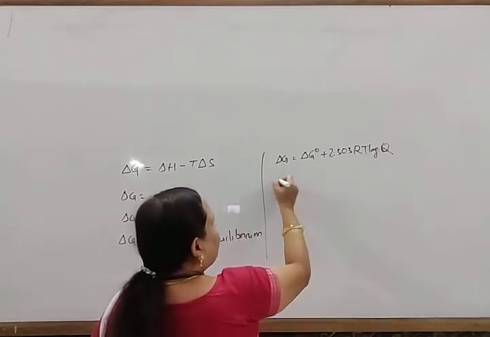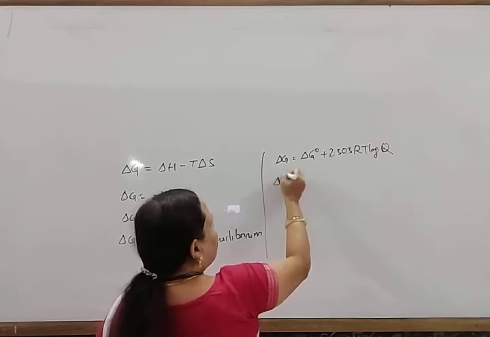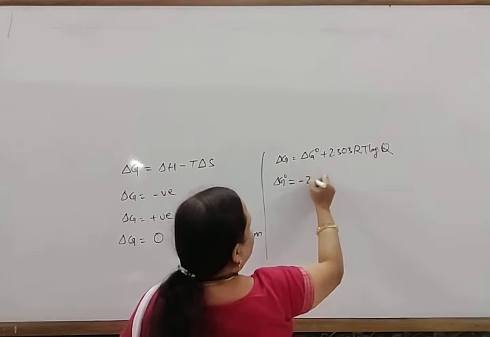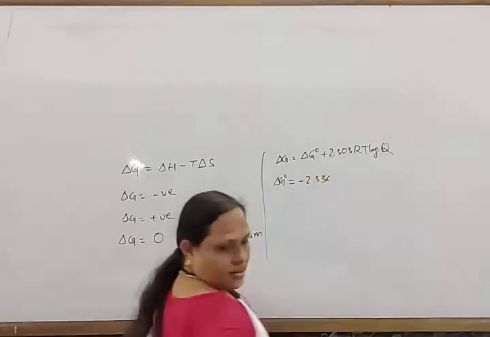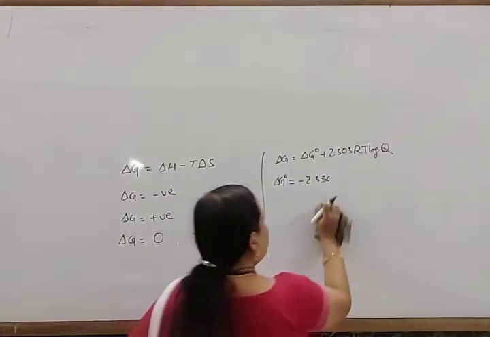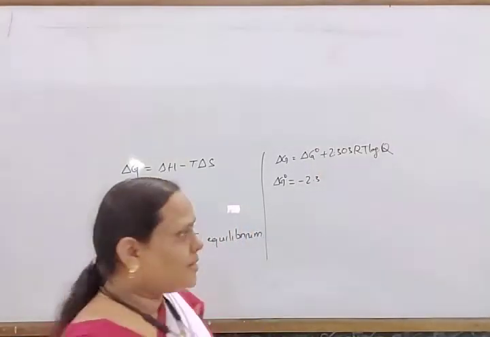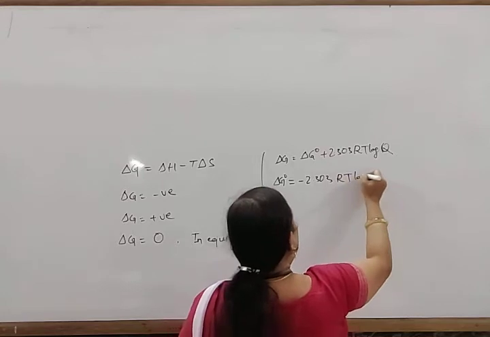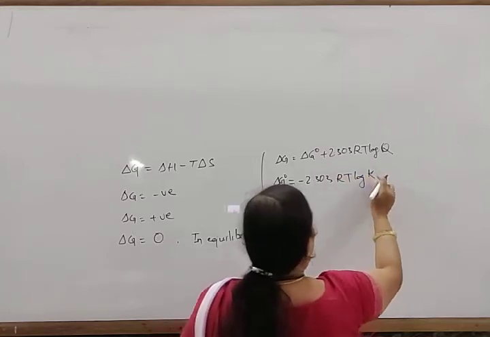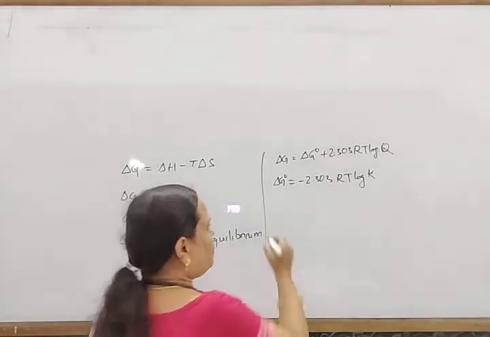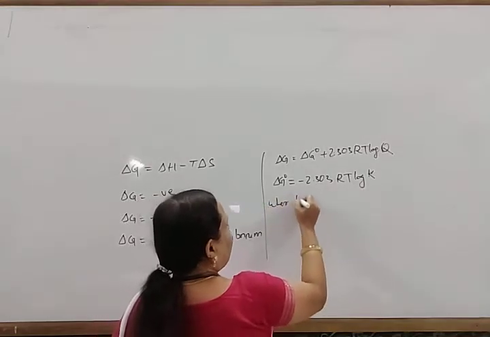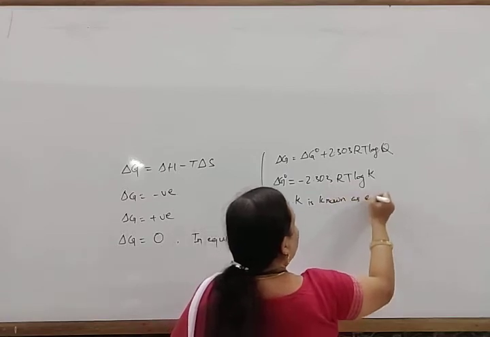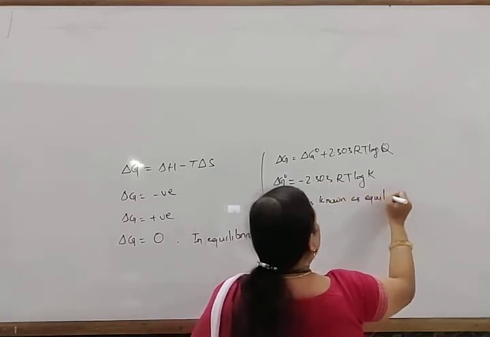And also we have derived the standard delta G naught is equal to minus 2.303 RT log K, and K is known as the equilibrium constant.